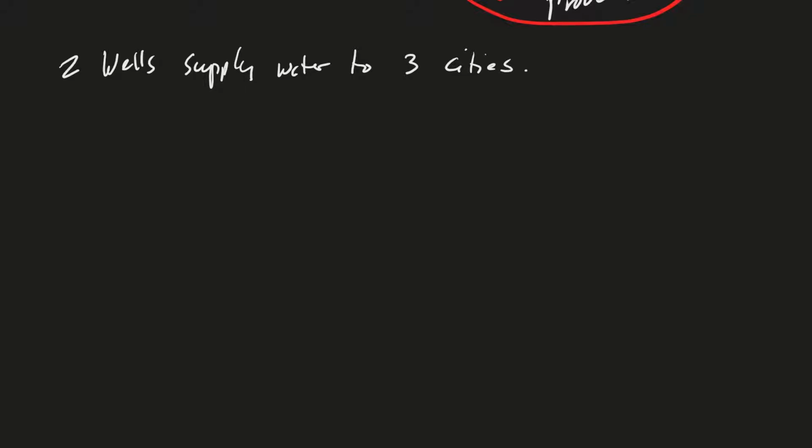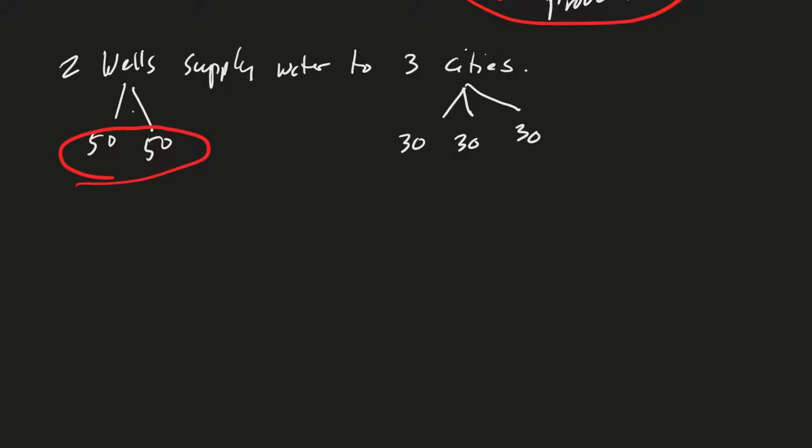So in this first case, our wells will each supply 50 million gallons, say. And our three cities, let's say, each have a 30 million gallon demand. Okay. Well, right off the bat, you're going to see a problem, right? Because we're only supplying 100 million gallons, but we have a demand that is 90.